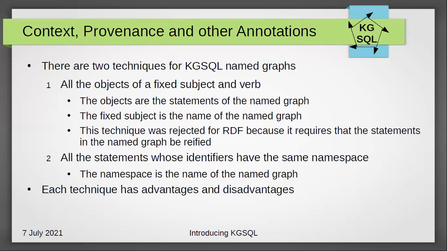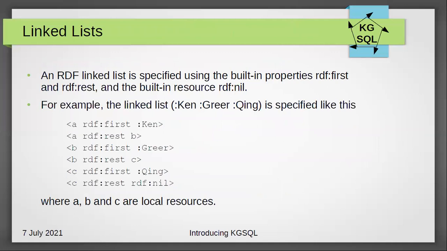So you're kind of limited in that regard. Named graphs are then disjoint. If you wanted to regularly deal with overlapping collections of statements, the first one would be more appropriate. But both of them can be done quite easily in KGSQL, because in KGSQL, essentially all statements are reified. Well, okay, and another interesting point, this is something of an issue in RDF, and that's linked lists.